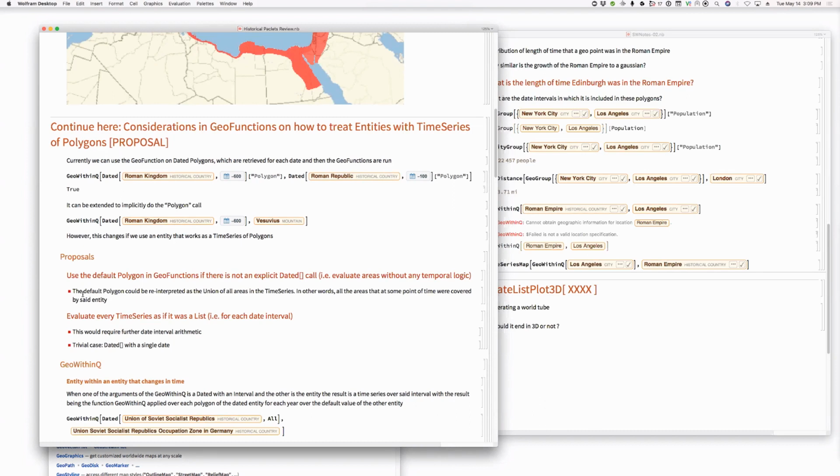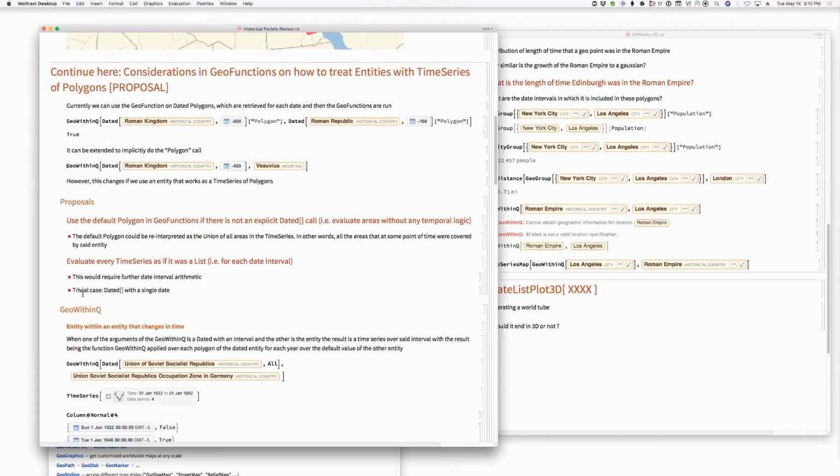I'm a little concerned about whether everything should have the same default polygon. Geo within Q, probably. Yeah, I feel like we should use the same default most extended polygon in all the cases. Maybe that will be more uniform, and maybe use the dated all or some kind of dated union to specify the whole union.